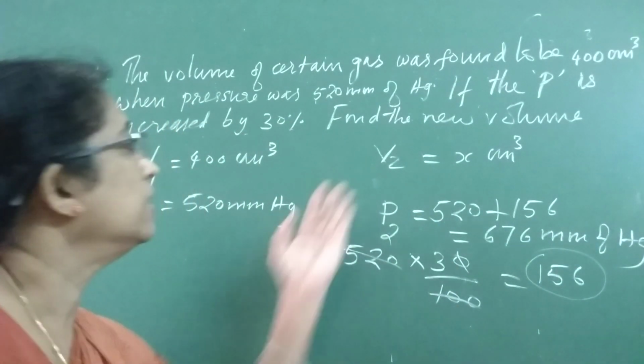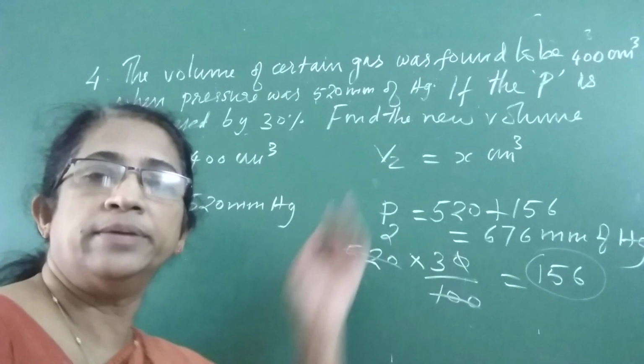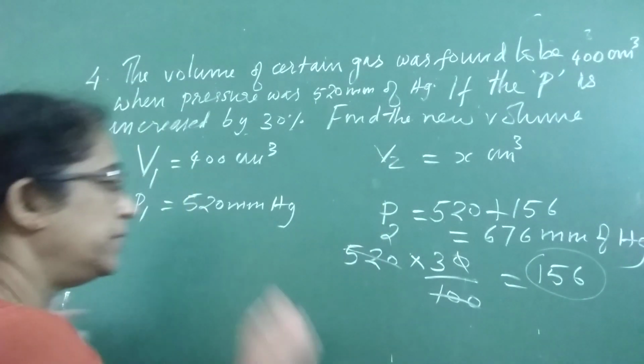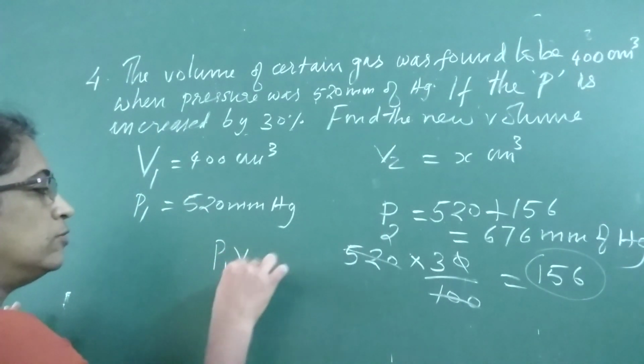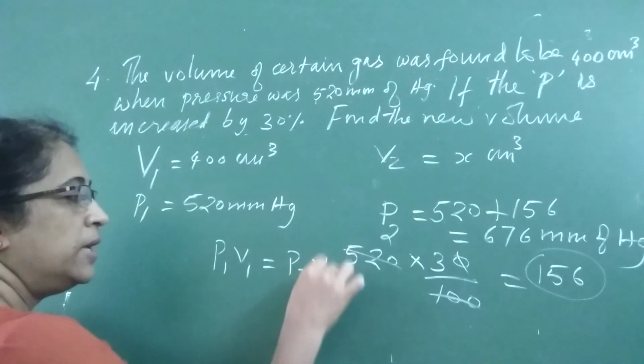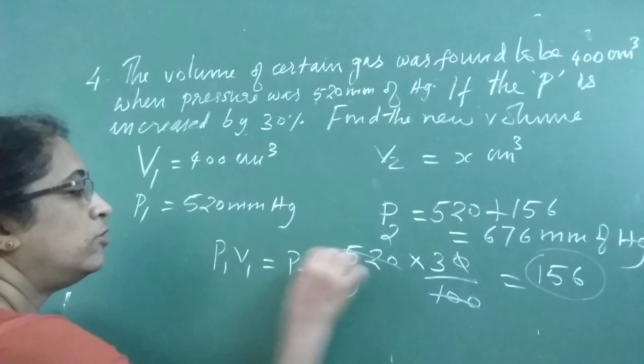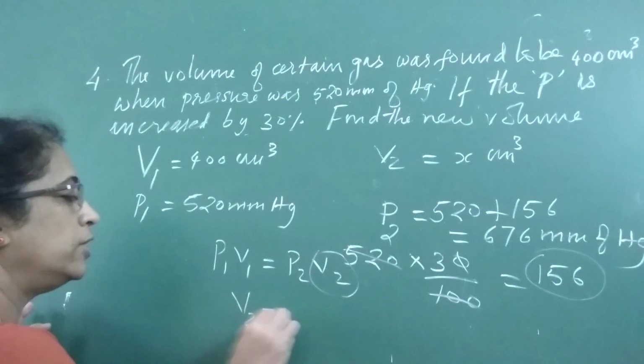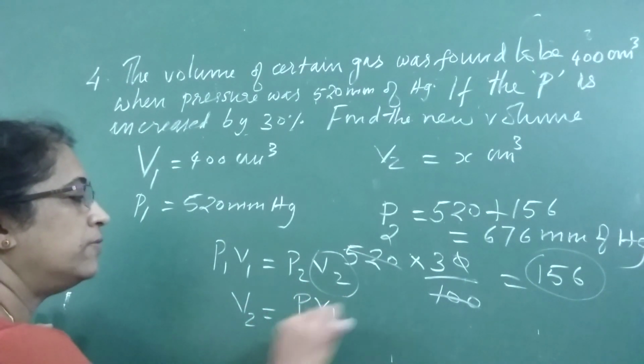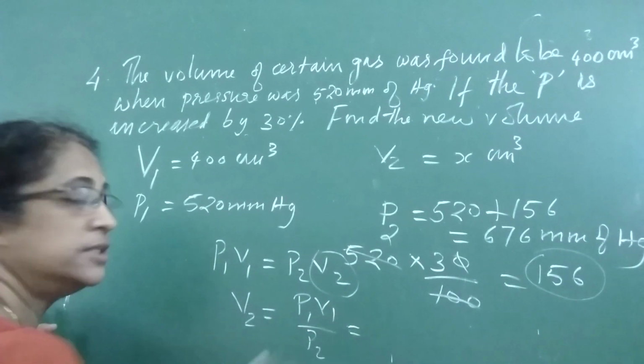Then the question, final volume is unknown. So by Boyle's law we can write P1 V1 is equal to P2 V2. Then final volume is unknown, so write the equation for final volume V2, which is V1 times P1 divided by P2. Then substitute the values.